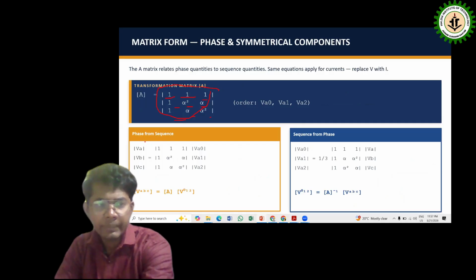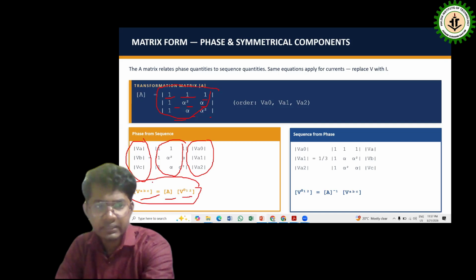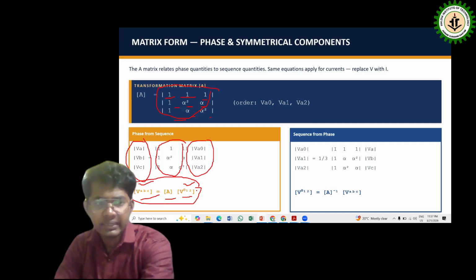So ultimately in matrix form we can write VABC equal to this matrix A into VA0, VA1, VA2, or we can write like this: ABC equal to matrix A into B0, 1, 2. In this way you can write. So here VABC is the phase component and this one is the symmetrical component or sequence component.